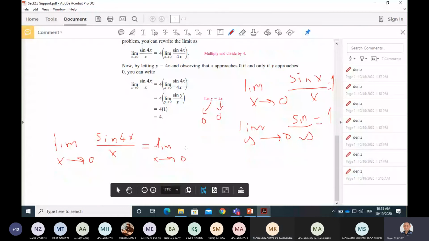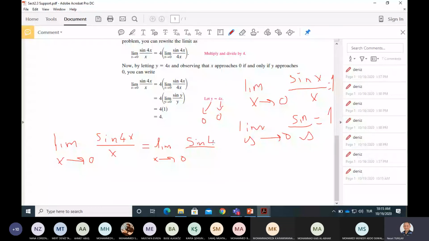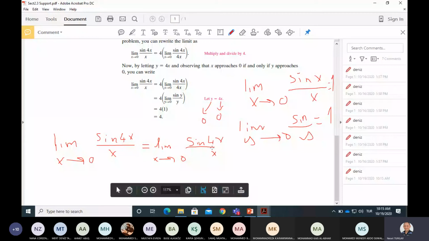Look, now this is the 3. Now sine 4x here, but here it was x, right? So what is the trick? You multiply here with 4, but 4 also here, isn't it? So 4 over 4 doesn't change anything. 4 over 4 is 1, right?